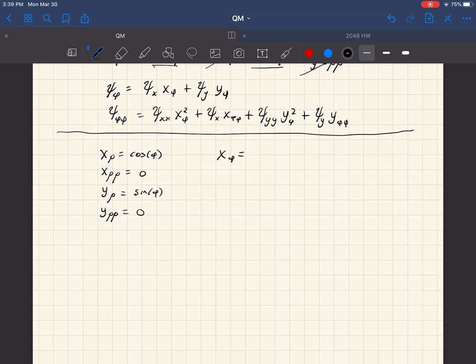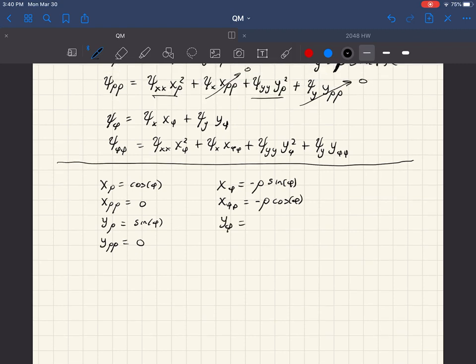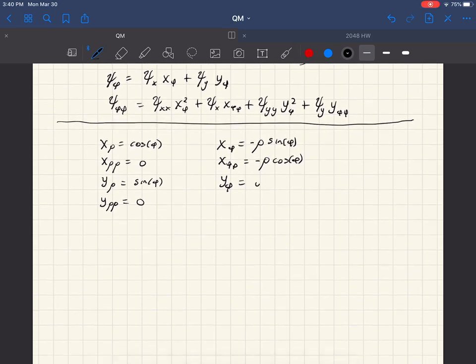Now, with respect to phi, so we can relate the derivatives with respect to phi to the derivative with respect to rho.